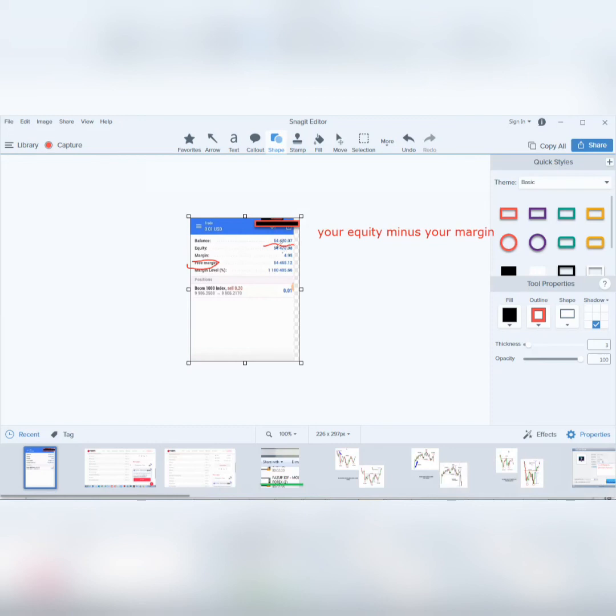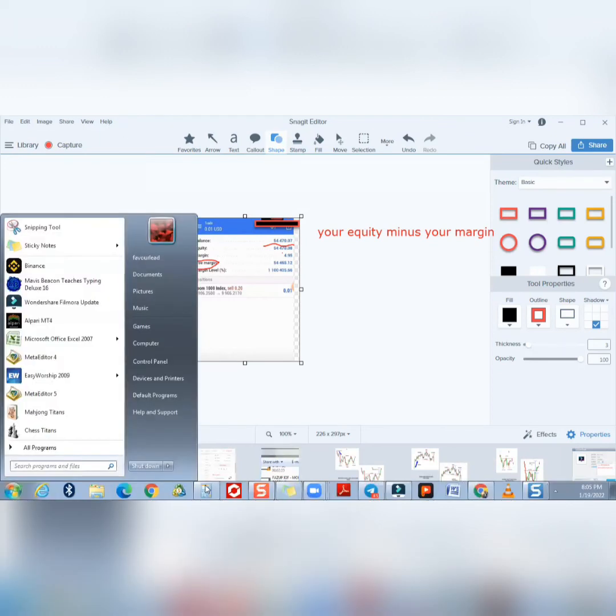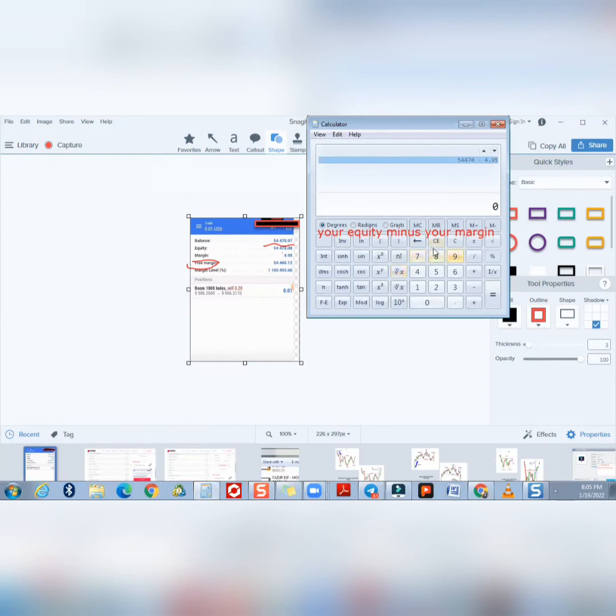This is the 45, right? Let's use the calculator. So we had our equity as $54,470.08 minus your margin, which was 4.95.